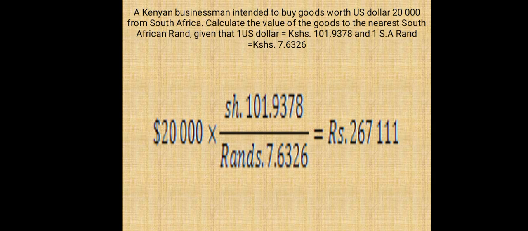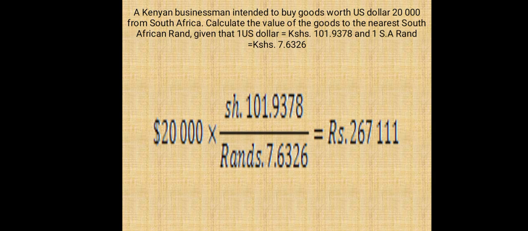Now here we also don't have a rate equating the US dollars to rands directly. So we shall use the cross rate because we have a rate equating dollars to Kenyan shillings and rands to Kenyan shillings.